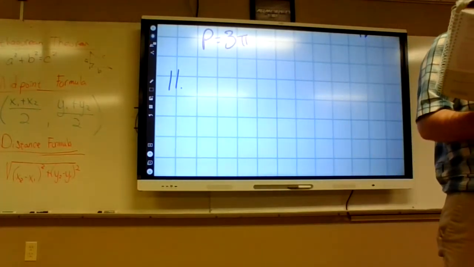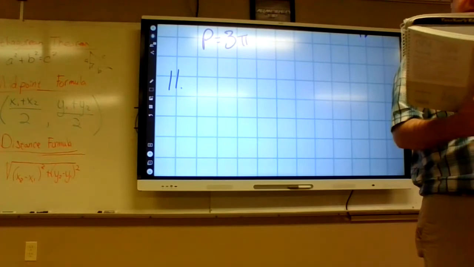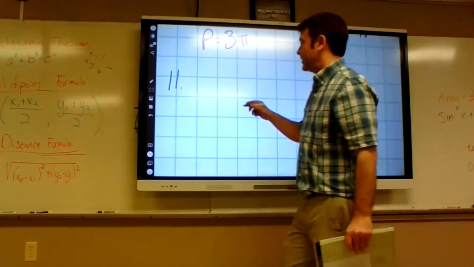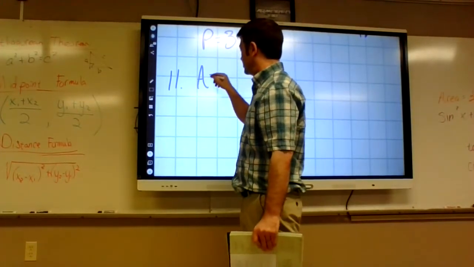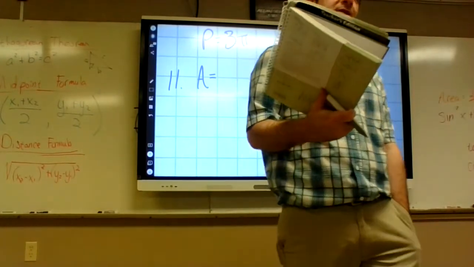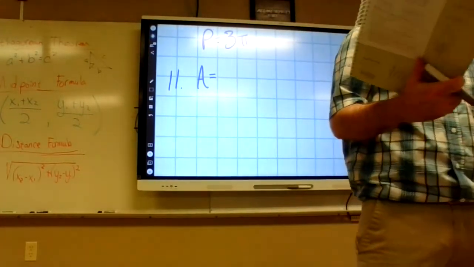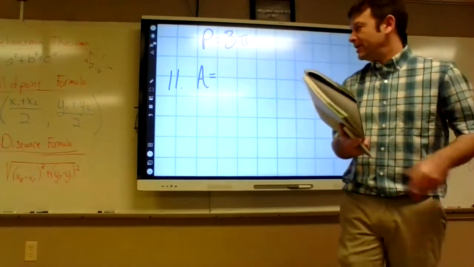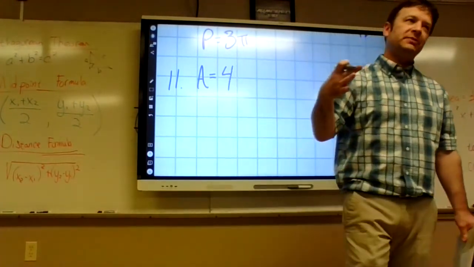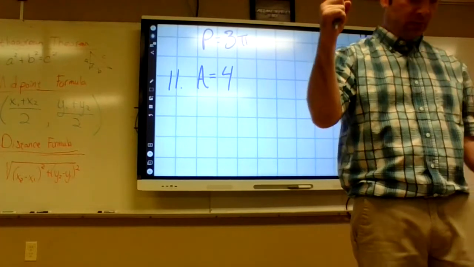Number 11, state the amplitude and period and then graph. Do you guys remember how I said you could find the amplitude on those? On 11, what would the amplitude be? 4. It's going to just go up 4, down 4. That number in front is always the amplitude. If there's no number in front, the amplitude is 1.